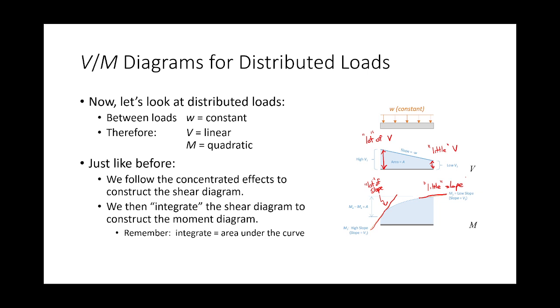So the idea is whenever we're drawing the moment diagram, we have to ask ourselves if the moment diagram is going to go like this, which I call a lot to a little, or if it's going to go like this, a little to a lot.